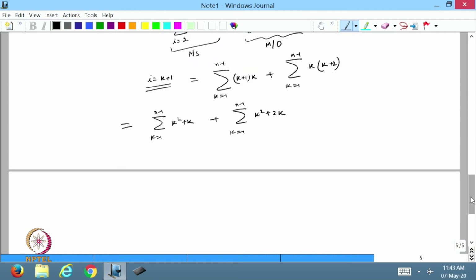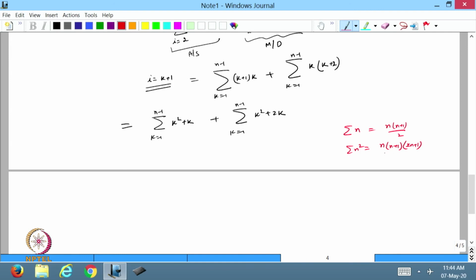So, now from here you can see that now I know the summation, so this is already known to me, that summation k up to n is n into n plus 1 by 2. So, that we already know, and summation k square is equal to n into n plus 1 into 2n plus 1 by 6. So, it is up to n.